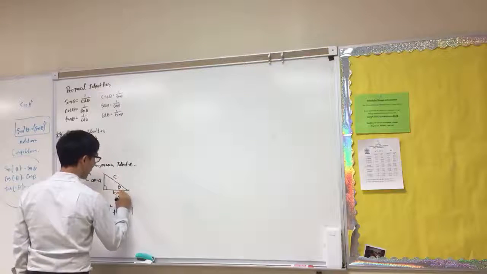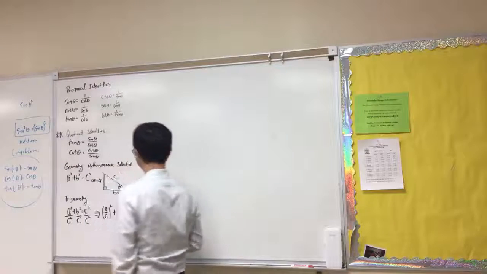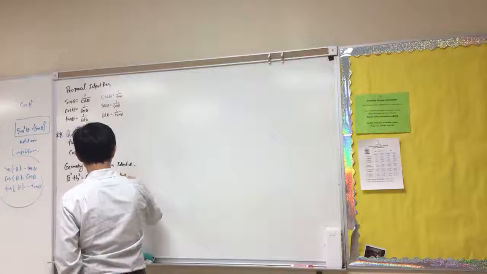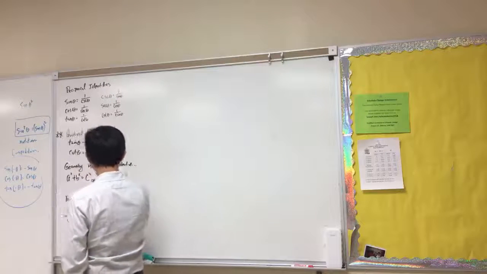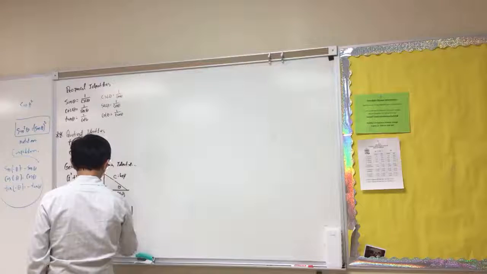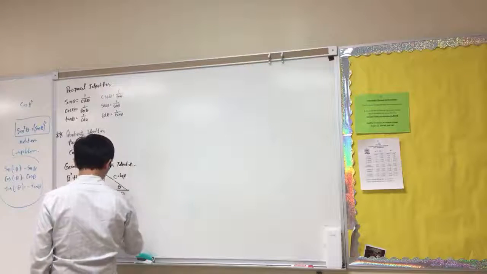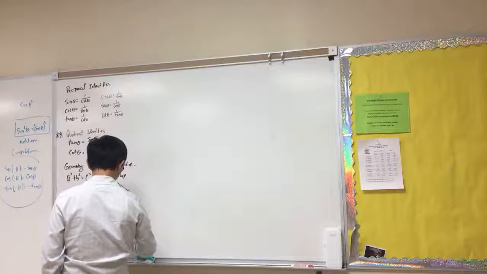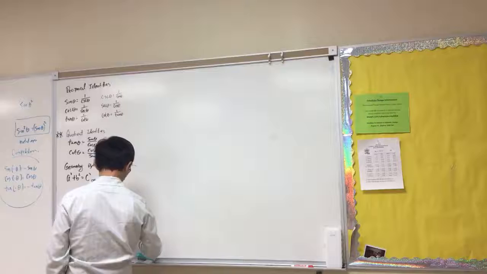And this one's going to be adjacent. And this one's hypotenuse, right? So what that says is opposite over hypotenuse squared plus adjacent over hypotenuse squared is equal to 1.